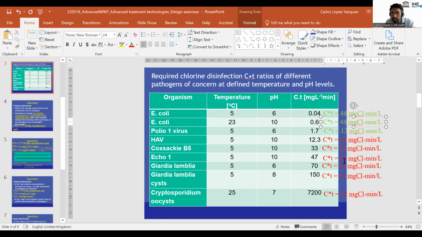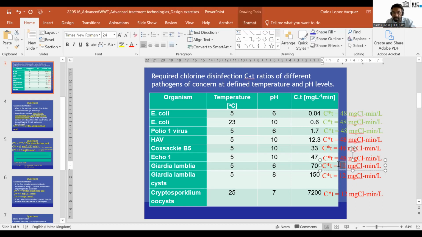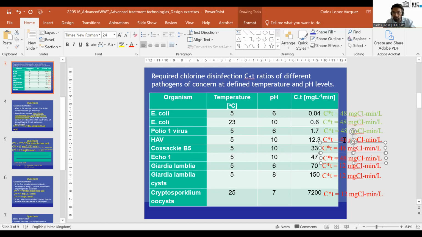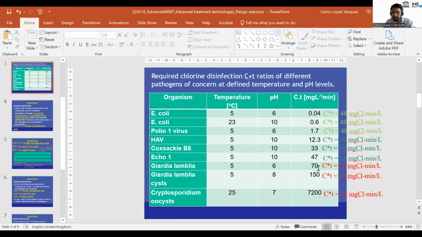So now I will reach an inactivation of most of them, or of more of them, but up to E. coli 1. So this will be now removed. But I cannot remove above Giardia lamblia.